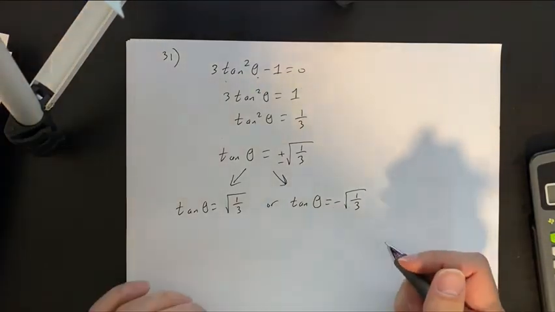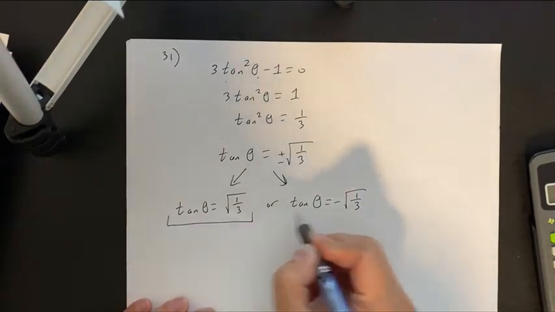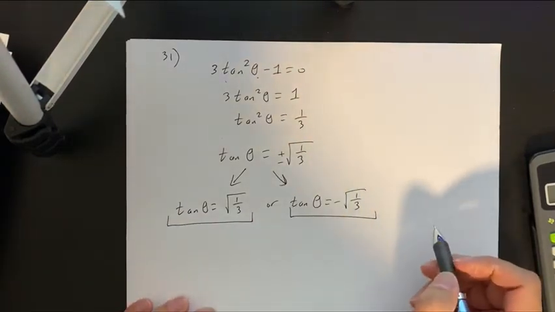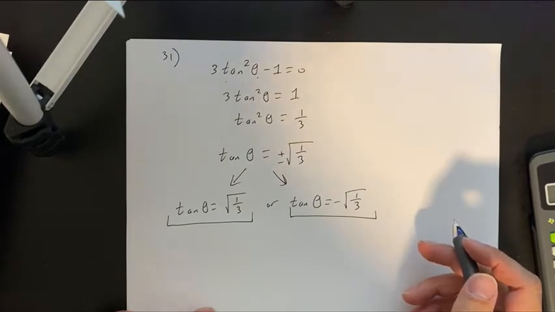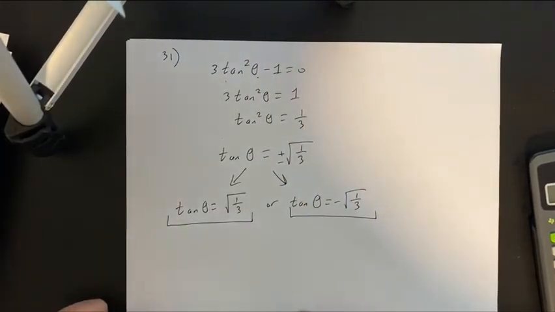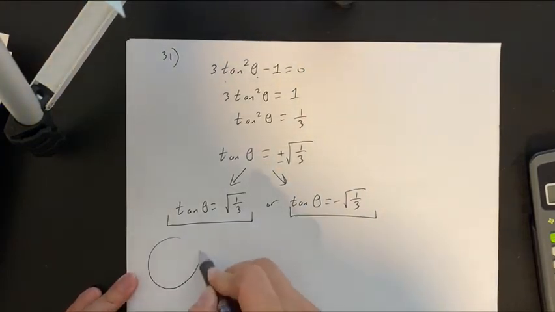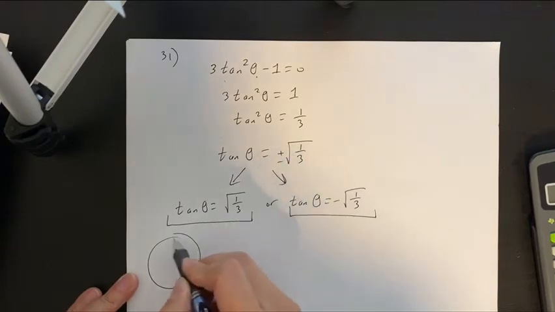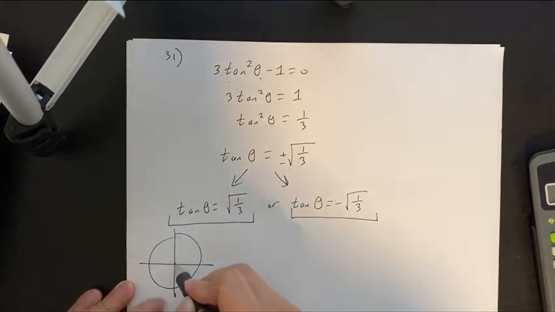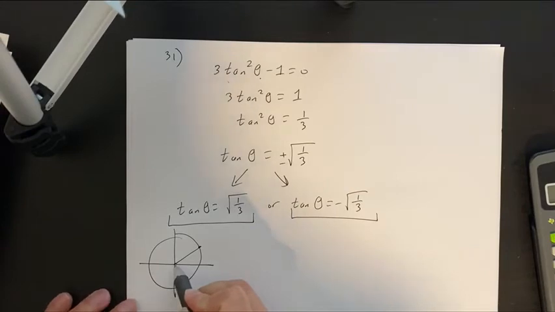Okay? All right, and then you have to solve for both. So this is very similar to question number 23, but here you have two equations to solve. For the first equation, if my tangent is positive, that means I'm going to be somewhere in the first quadrant or third quadrant.